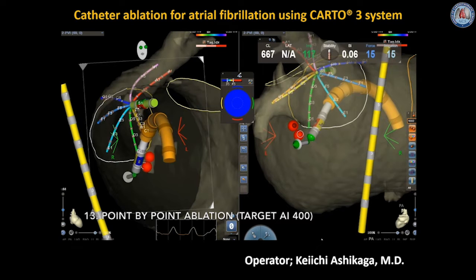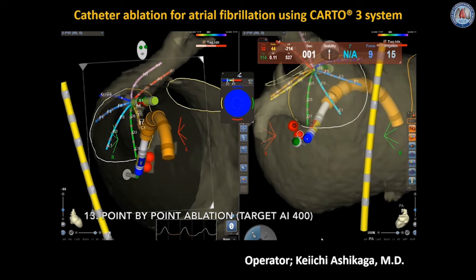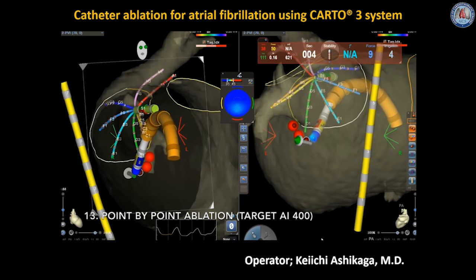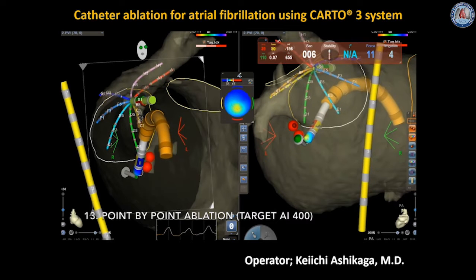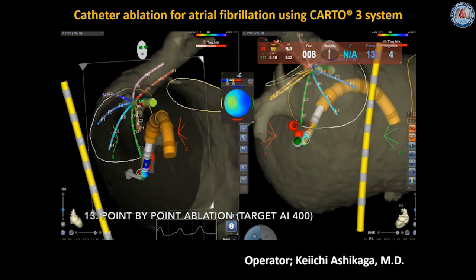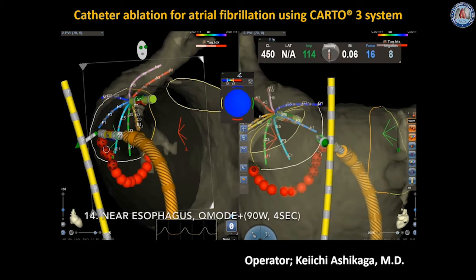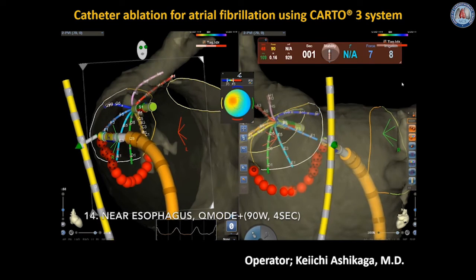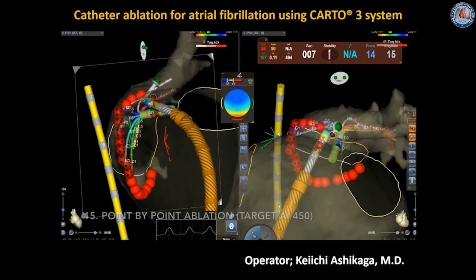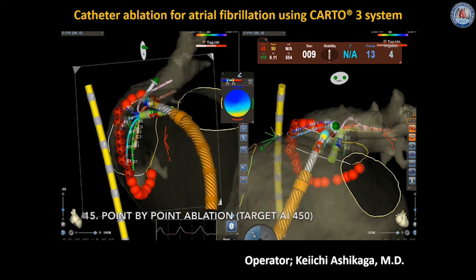At the esophageal side, specific high power short duration ablation should be applied to avoid esophageal injury. For the anterior side of the pulmonary vein, the target ablation index is set to 450.